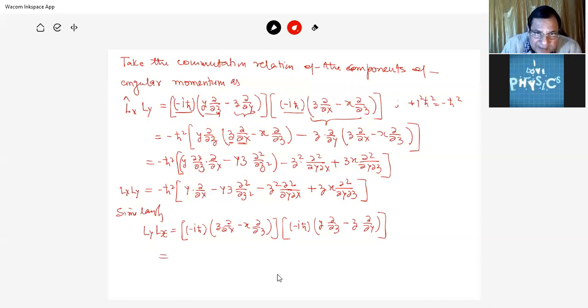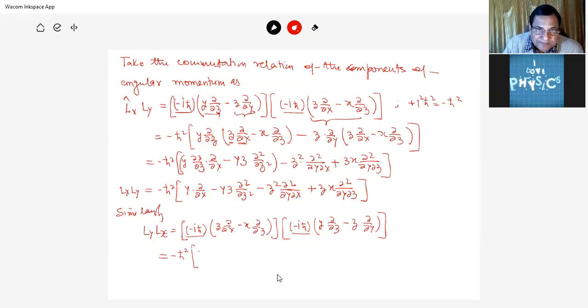So this is minus iħ cross, minus iħ cross, minus minus plus, or i square is again minus, so minus ħ square.